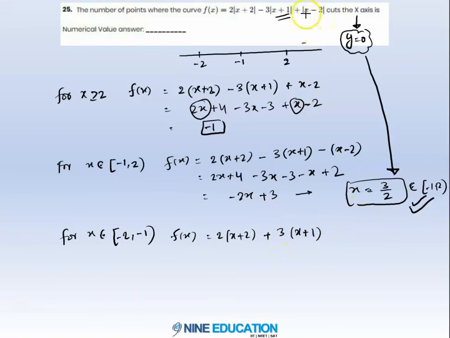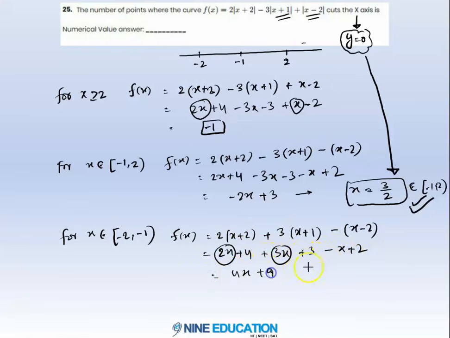And even the last mod term, which is x minus 2, will also become negative, so it has to be minus of x minus 2. So 2x plus 4 plus 3x plus 3 minus x plus 2. So 2x and 3x is 5x, minus x is 4x, and 4 plus 3 plus 2 is 9.